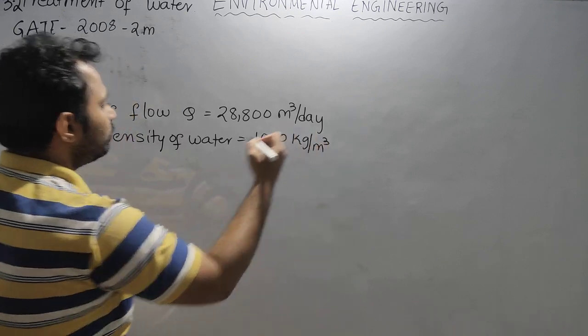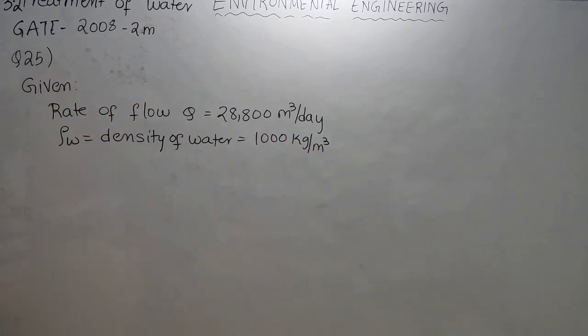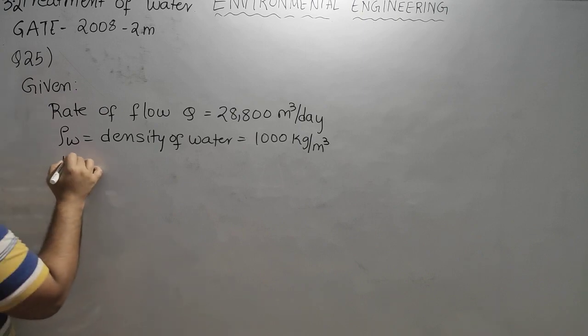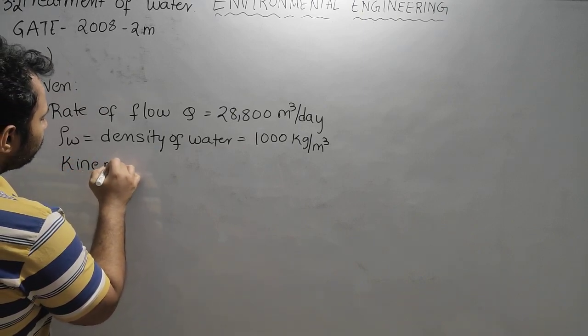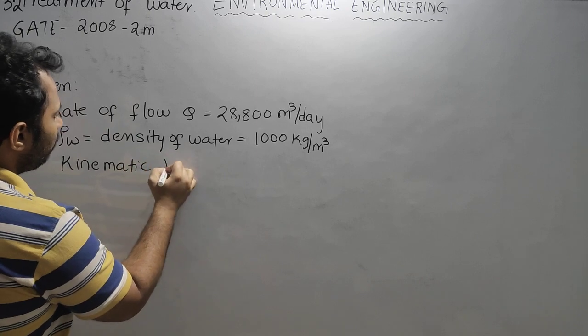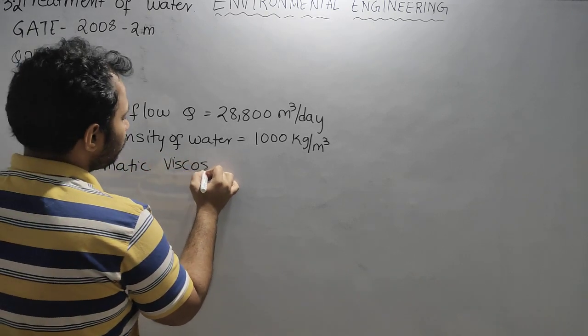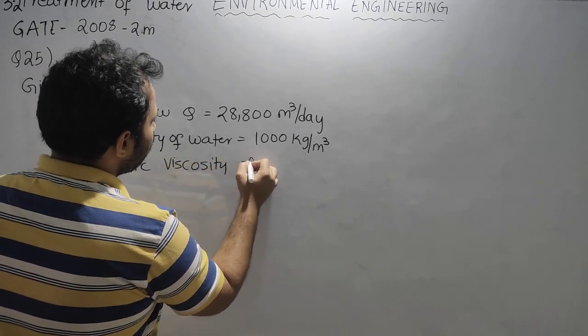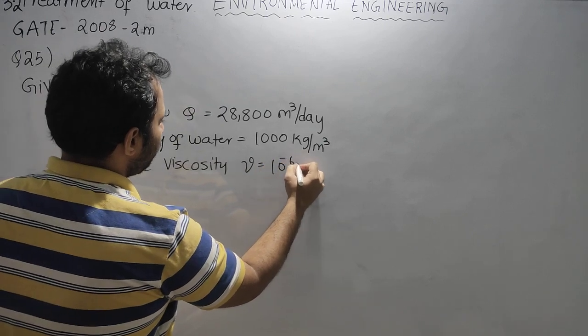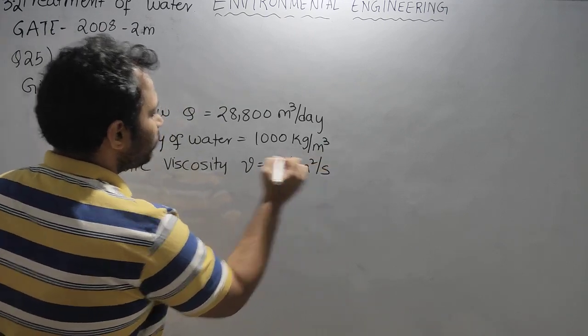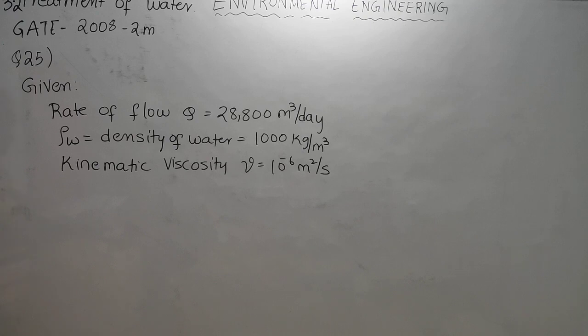And the kinematic viscosity nu is given as 10 to the power of minus 6 meter square per second.